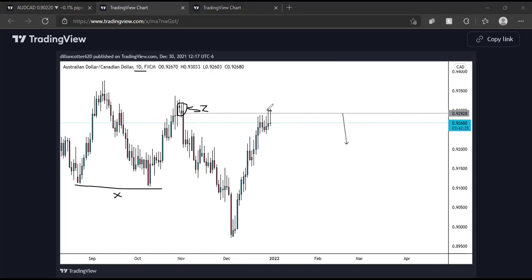And as you can see, I had seen it after there was already two daily rejections, two candles. And then we can talk about what we can see on the lower time frames as price was in this area here.